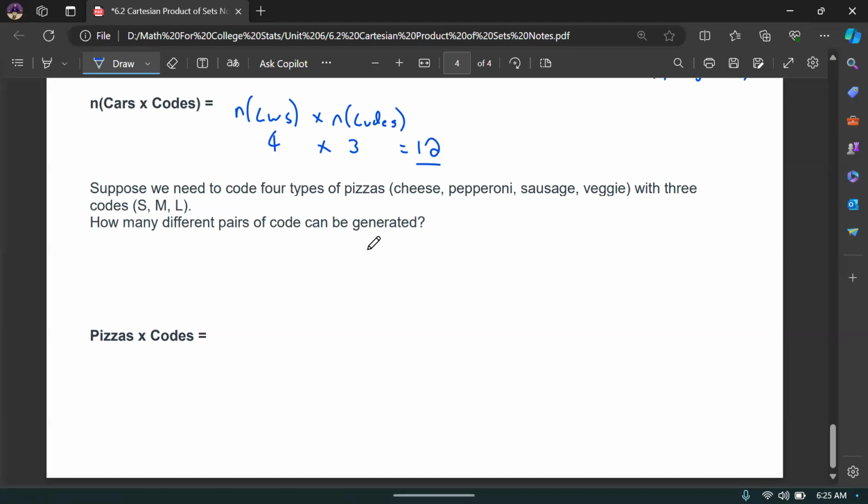And then we'll be done with our Cartesian product of sets. So pizza and code.